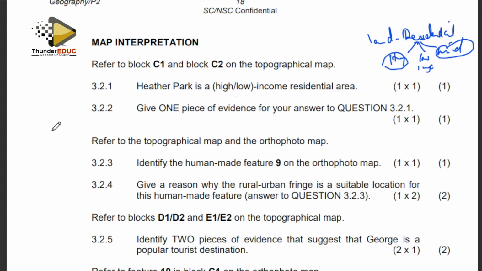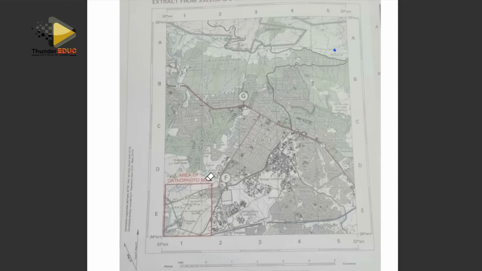So when you look at that area on the map, do you see it as having very big plots? Check here, C1 and C2, you see there, you see here. These are areas that are having big blocks and they are far away from the city. So we are now trying to integrate the aspects.